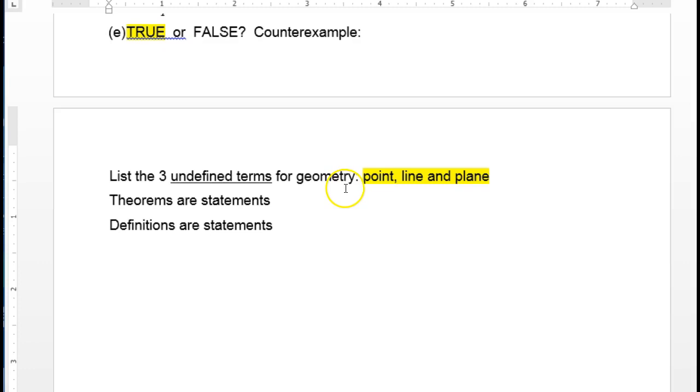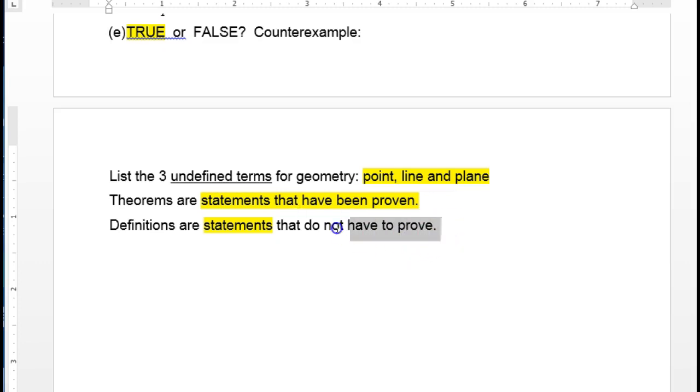Theorems are statements that have been proven. In order for it to be a theorem, it has to be something that we have proven and that we can prove. On the other hand, definitions are statements that do not have to be proven.